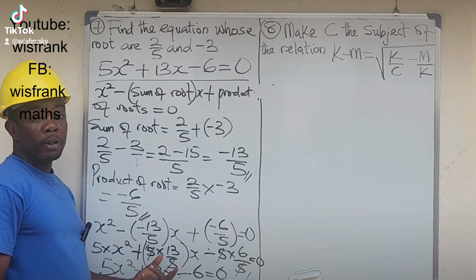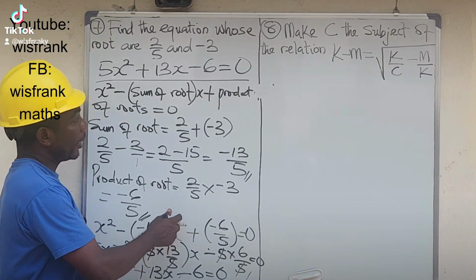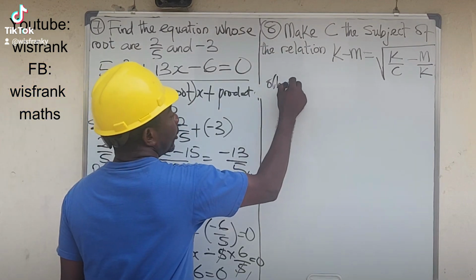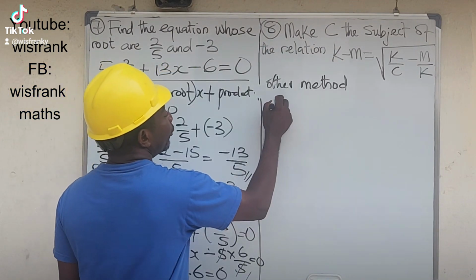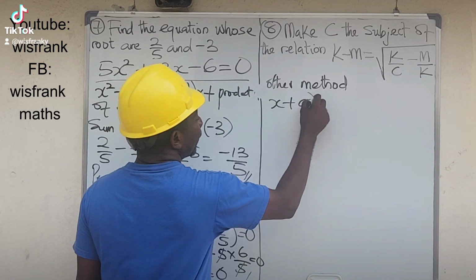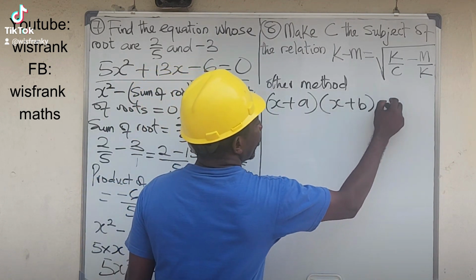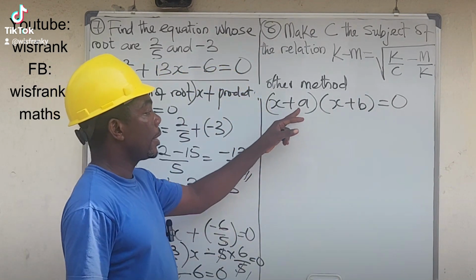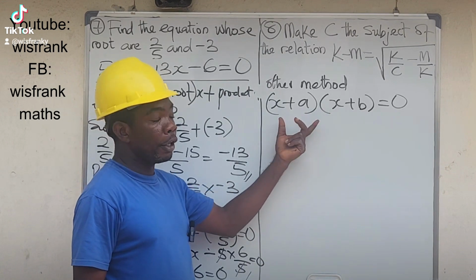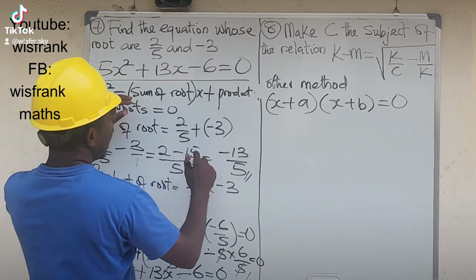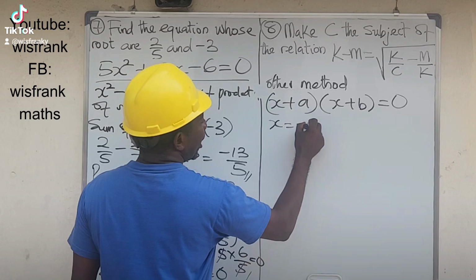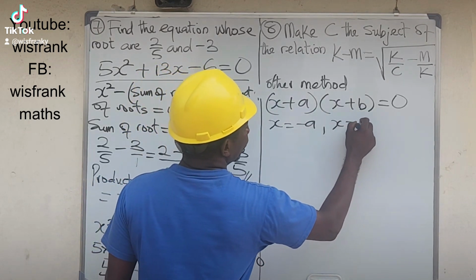This is one method. We can find another method to find the equation. Method 2: the equation is in the form x plus a into x plus b equals 0. In this case, a and b are the roots of the equation. So x equals minus a and x equals minus b.